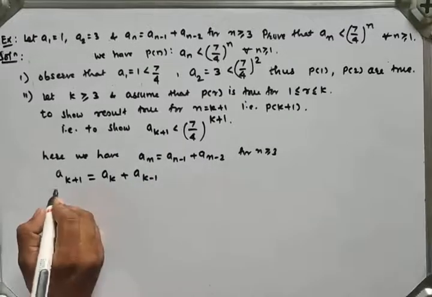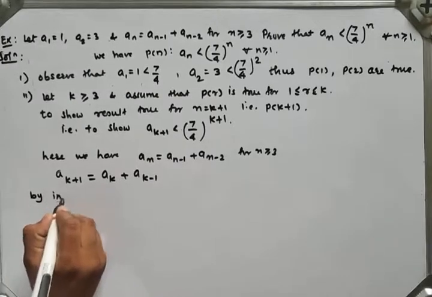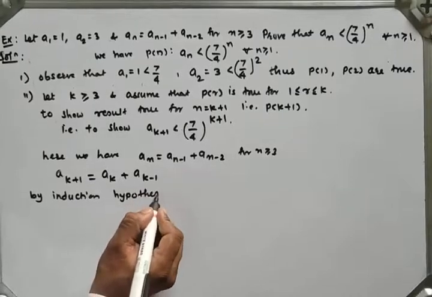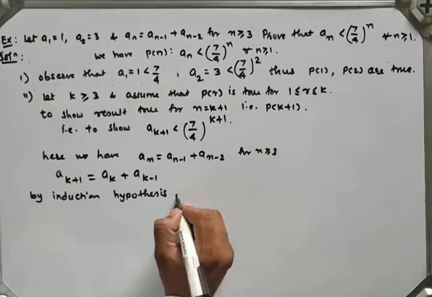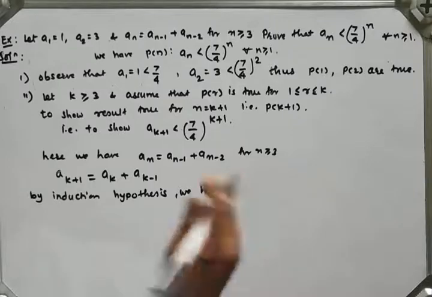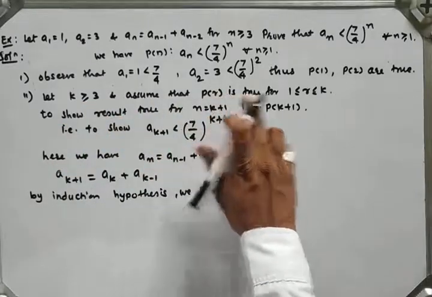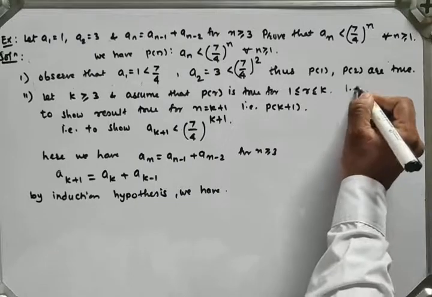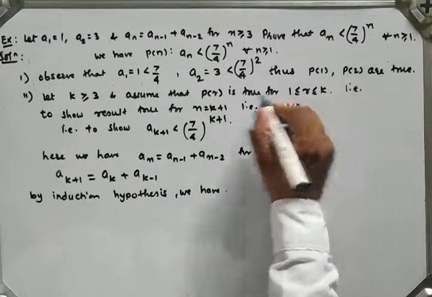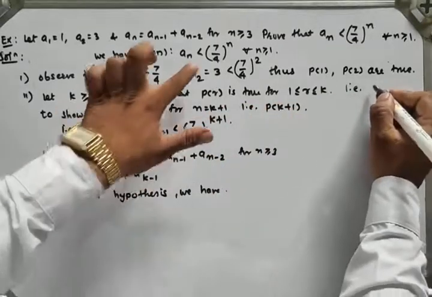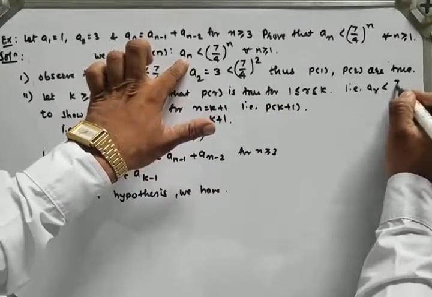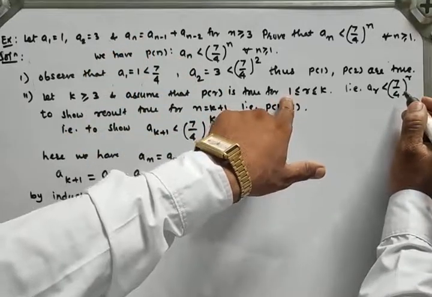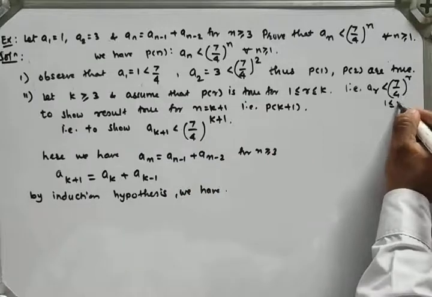By induction hypothesis, the statement is true for all values of r where r lies between 1 to k. That is, a r is less than 7/4 raised to r for all values between 1 to k, so 1 less than or equal to r less than or equal to k.